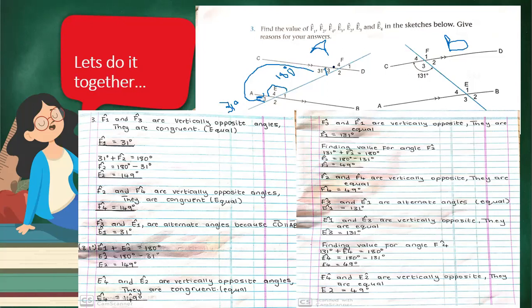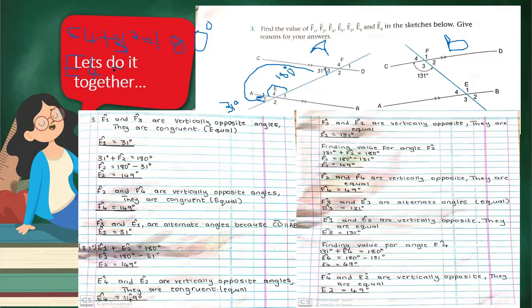So when we do our equation for E4, we'll have E4 plus 31 degrees equals 180 degrees, correct? So now I'll just jump to the final answer.